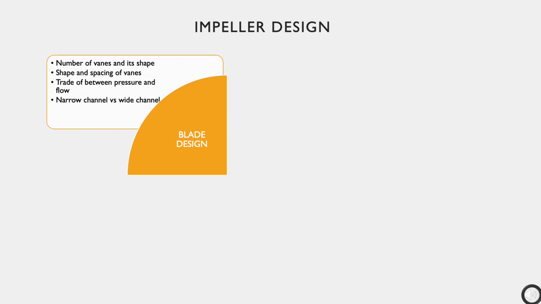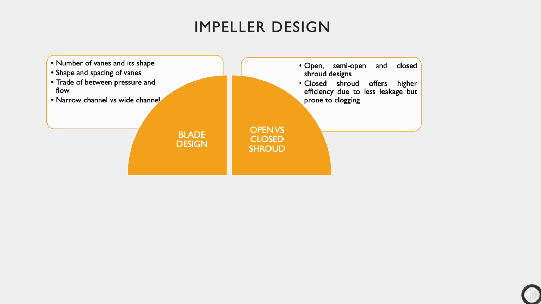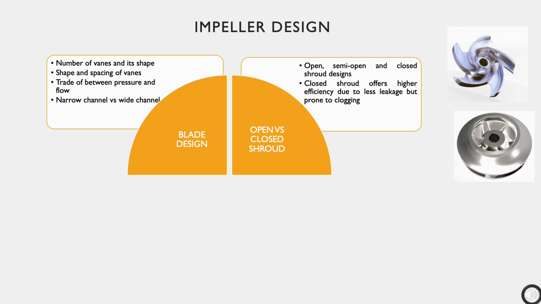Let's talk a little more about the impeller design. Blade design is where the main trade-off between pressure and flow rate happens. Designers need to think about factors such as vane shape, number of vanes, and spacing available. Another design choice is between open versus closed shroud impeller. Closed shroud offers higher efficiency, but manufacturing can be tricky if injection molded plastic material is used.